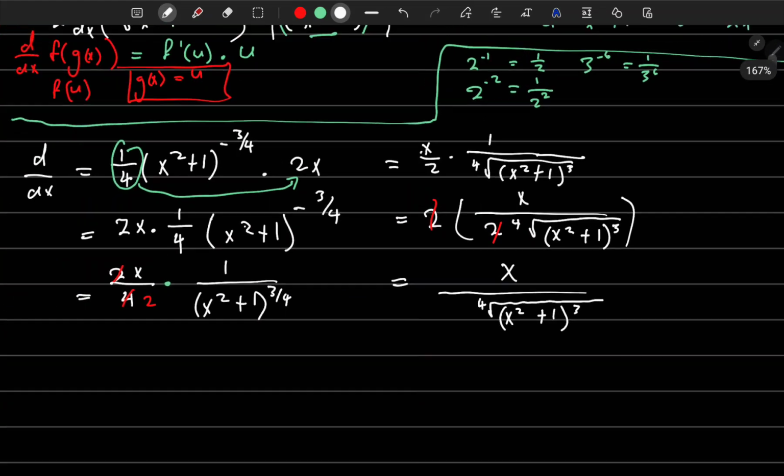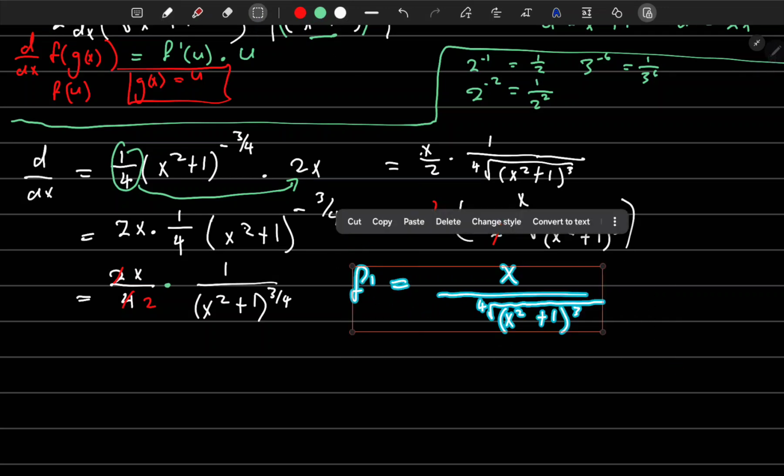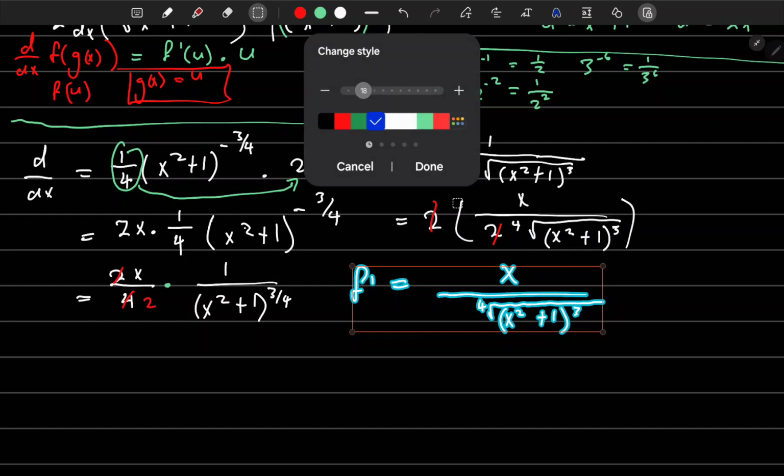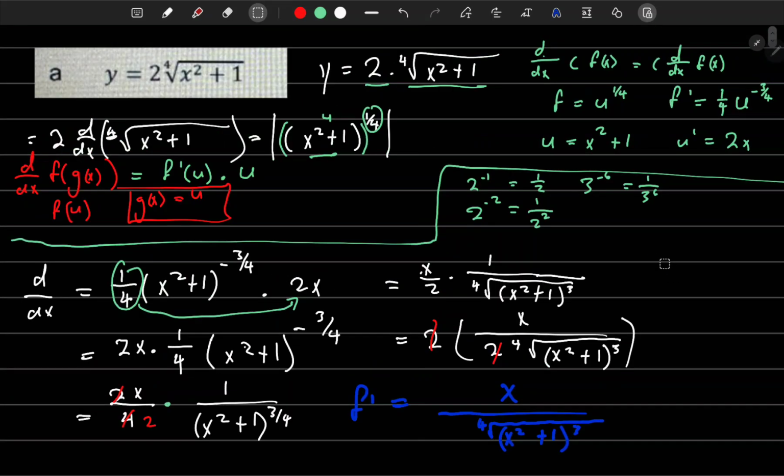And this happens now to be your derivative. This here is your f prime. So this here happens to be the derivative, and this is how you solve it.